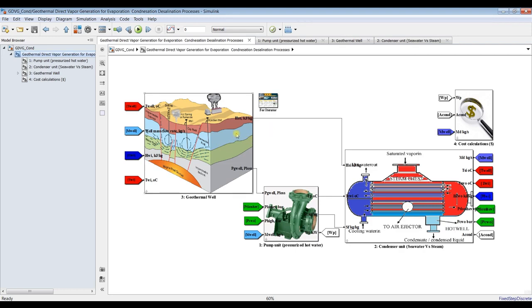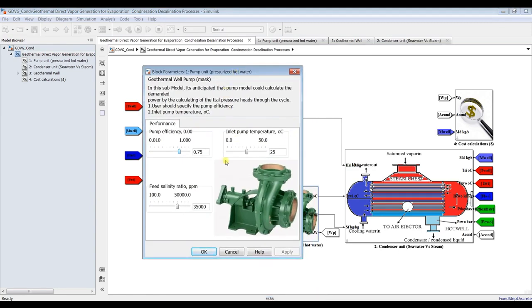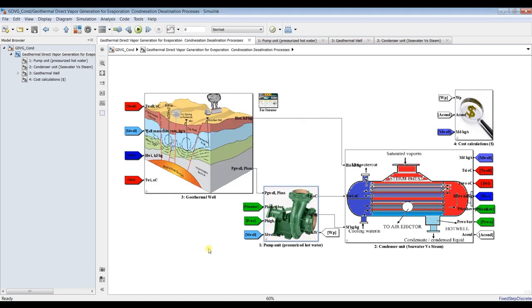We have here the pumping unit, so we double click on this block and assign the efficiency of the pump, pump temperature, feed temperature, seawater temperature, and salinity ratio in parts per million, because saline water has some effects on power or the process itself.